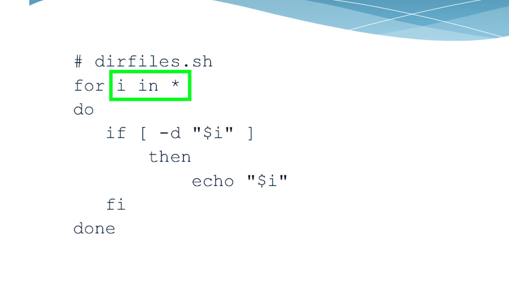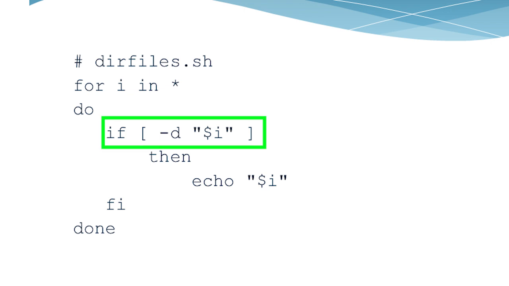Well, that seems a bit ambiguous, for i in asterisk, but that is the entire point of this. By being ambiguous, it's going to expand to all files in the current working path. Do if test, we're using a test utility, as you can see from the square braces, -d if it is a directory and it exists.